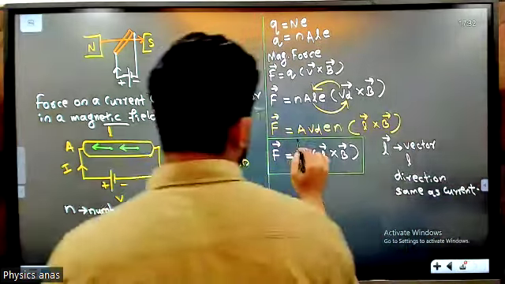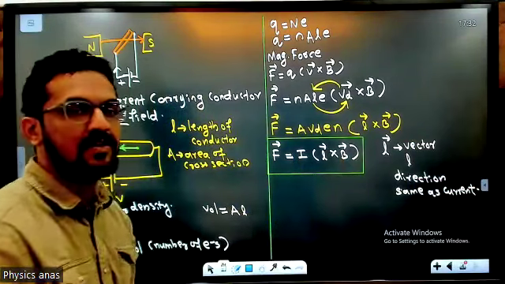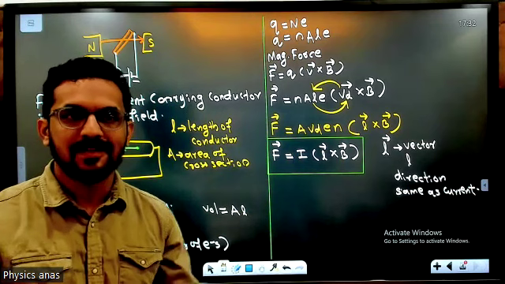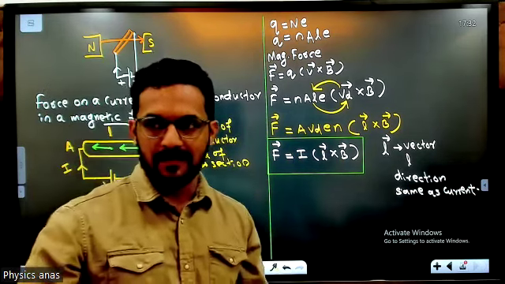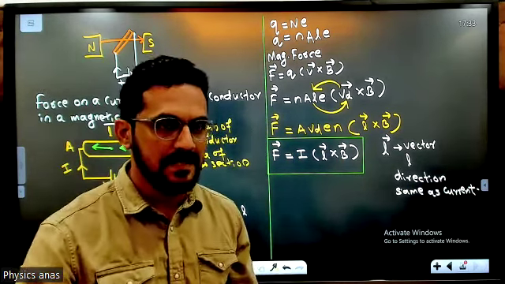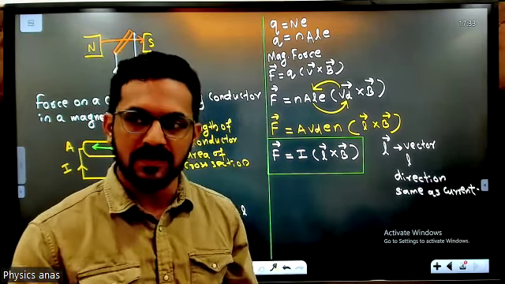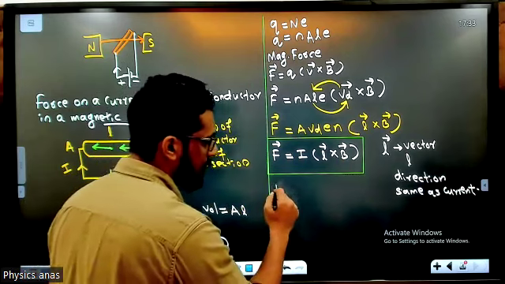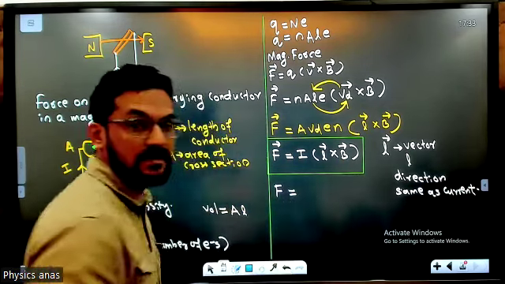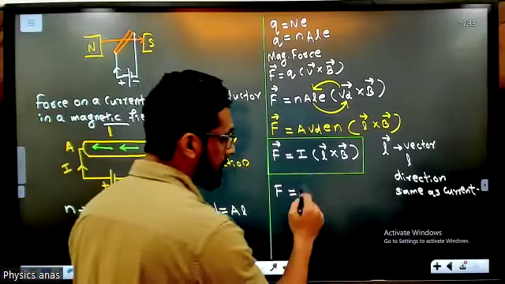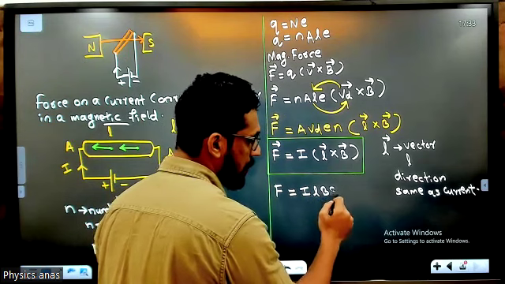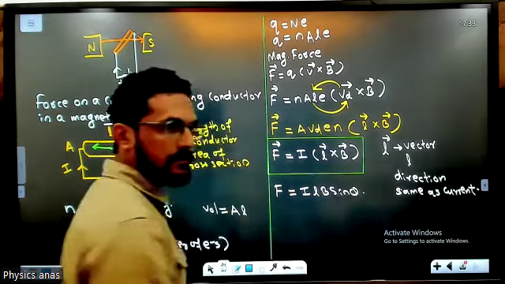This is now F is equal to I into L cross B. What is L cross B? A cross B is AB sin theta. So L cross B is LB sin theta. So the magnitude of force will be I into L into B into sin theta.